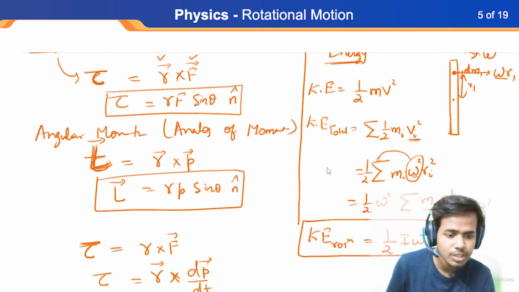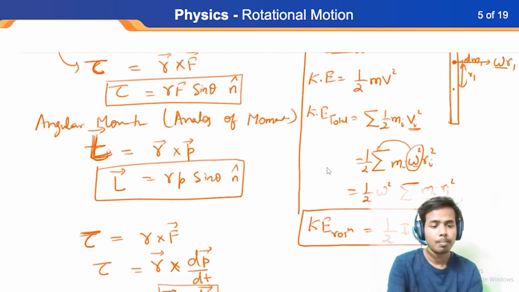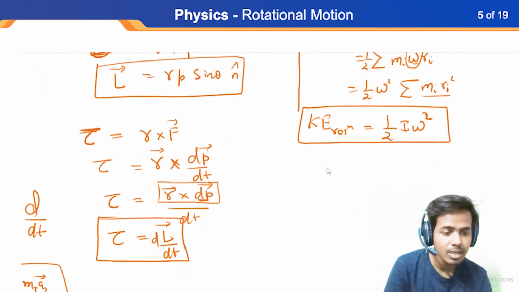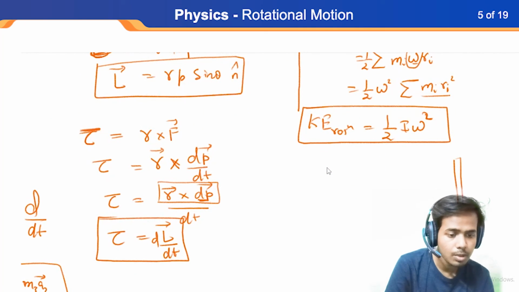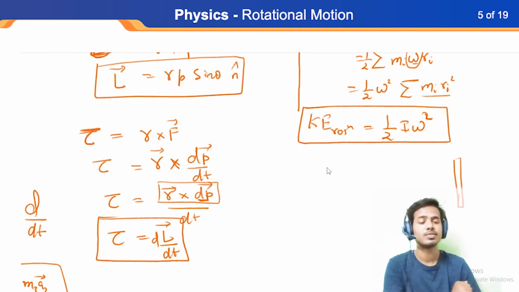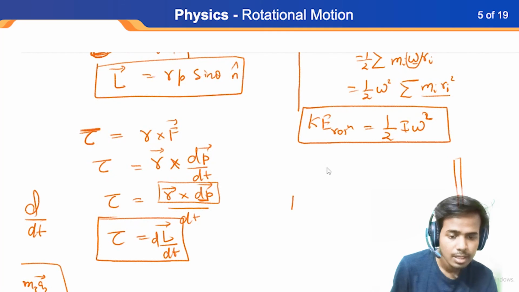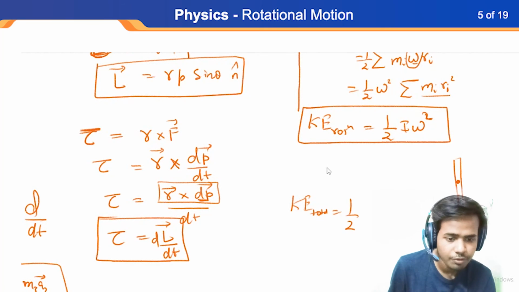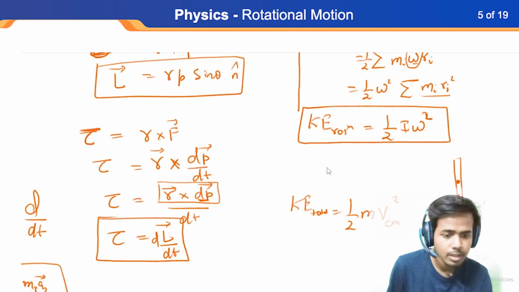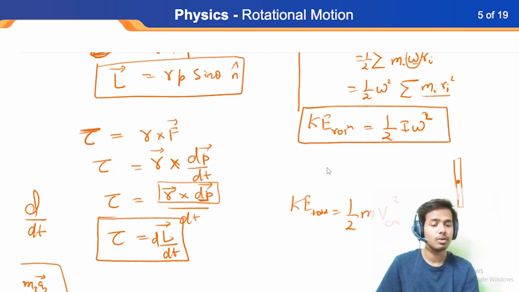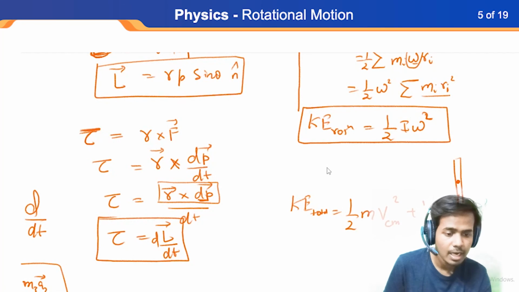This is the energy associated with pure rotation. But let's say you have a body which is rotating as well as translating. In that case, the total kinetic energy will be equal to half m v_cm whole square, the velocity of the center of mass, plus half I omega square.